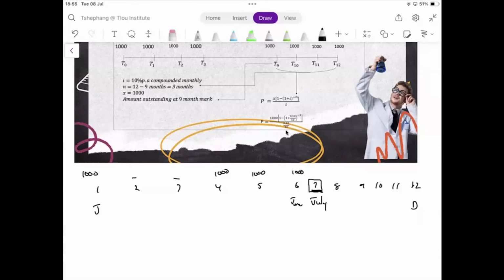How do we calculate that? That's when we use the present value of the outstanding term. How many terms, how many months do you actually owe them? You owe them for July, August, September, October, November, and December.